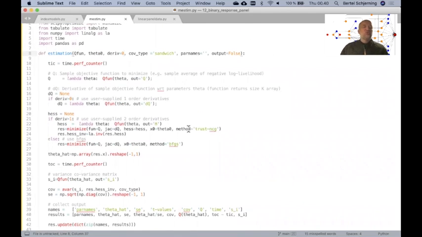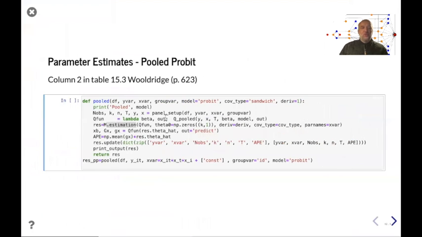This estimation routine is actually pretty general. It can be used for any sample objective function that the minimizer can find the minimum of. As long as you provide first and second order derivatives, actually you don't have to do that. You can just say you don't want to use them, and then you don't call them. Anyway, back to the pooled probit.